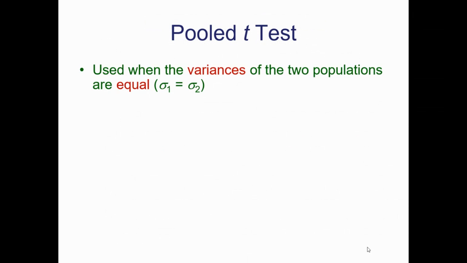So let's look at the pooled t-test. That's page 9. So we use the pooled t-test when the variances of the two populations are equal.